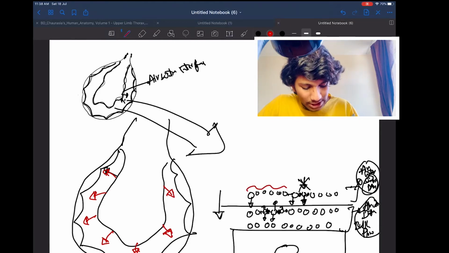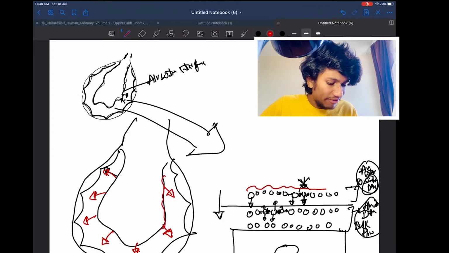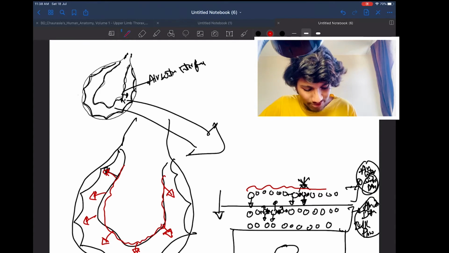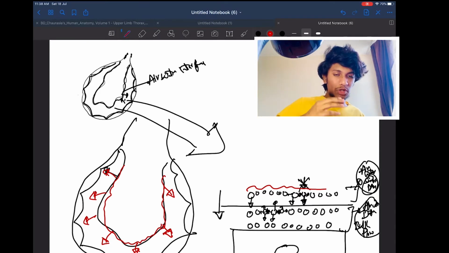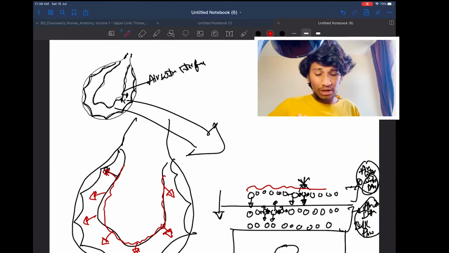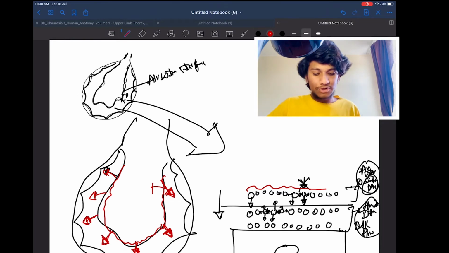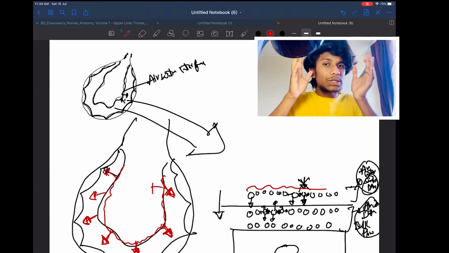This develops a tension on the surface of the alveoli, of the water molecules. This surface tension makes the surface want to reduce in size, and the alveoli want to collapse.